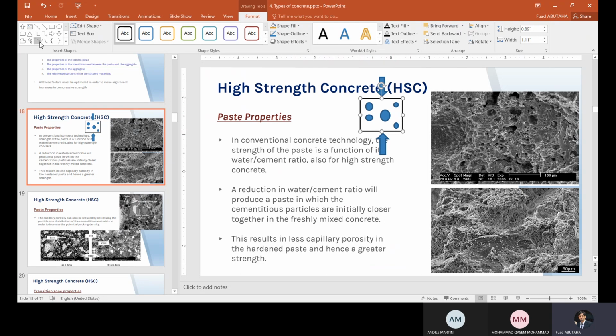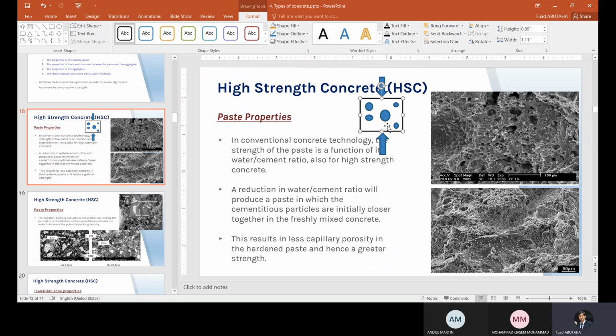The concrete fails as a result of the failure of one of three things. If the aggregate particle itself is weak, then the crack of the concrete failure will go through the weak point in the aggregate.